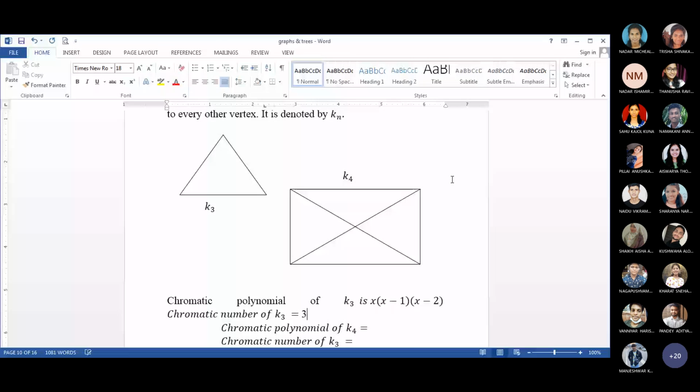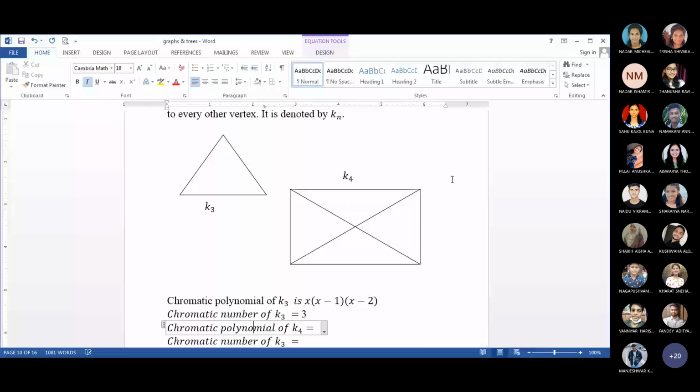Now for K4, the same thing can be written down also. Chromatic polynomial of K4.